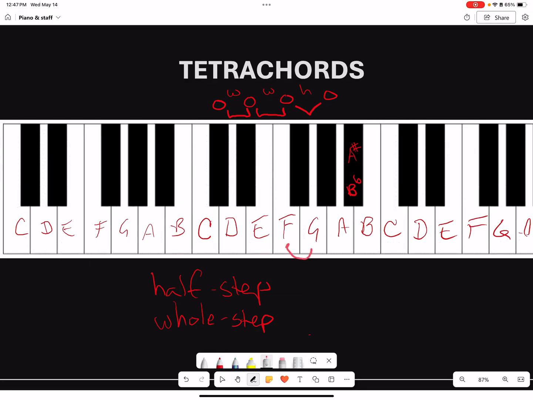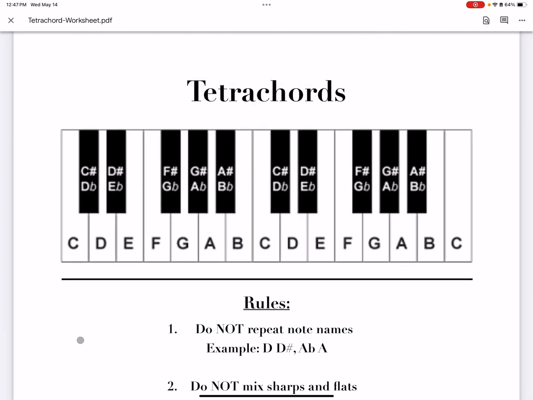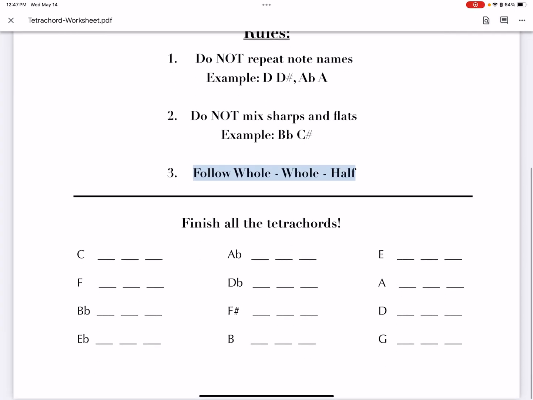Ding. There we go. Okay, so an F tetrachord goes like this. F, G, A, B flat. Whole step, whole step, half step. Make sense? Okay, so if we're spelling these out later on for our worksheet, we're down here, okay?